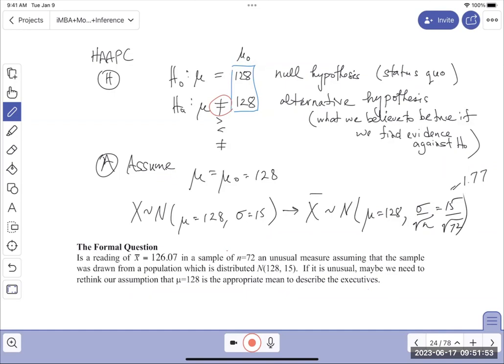All right, so I've assumed the null to be true, and I get this result of expectations for the sample mean. So now I assess the evidence.